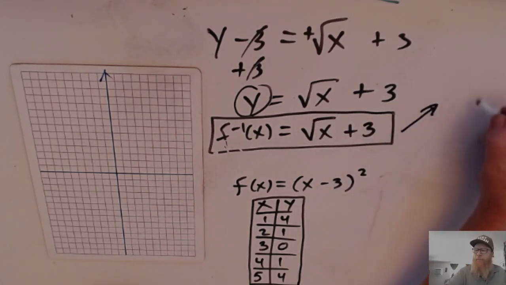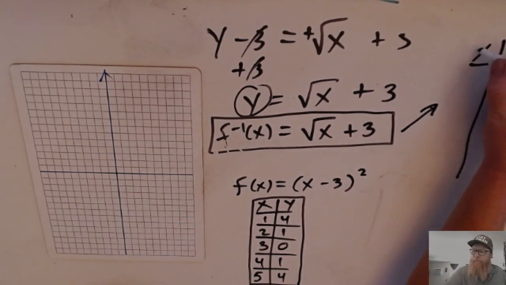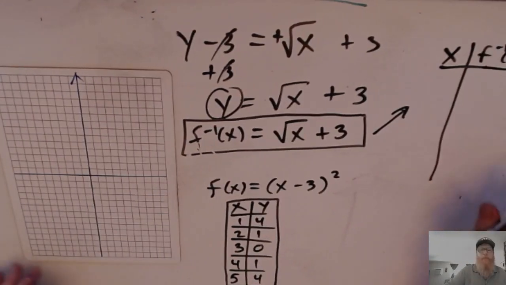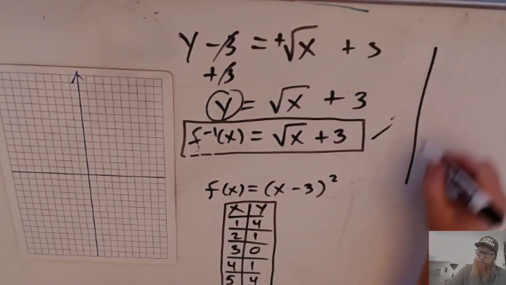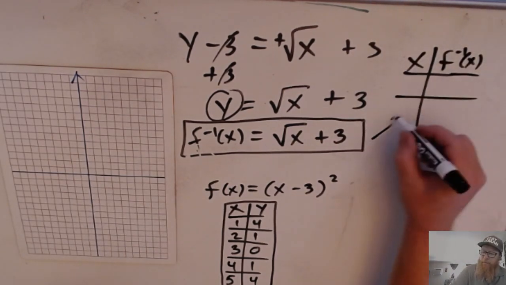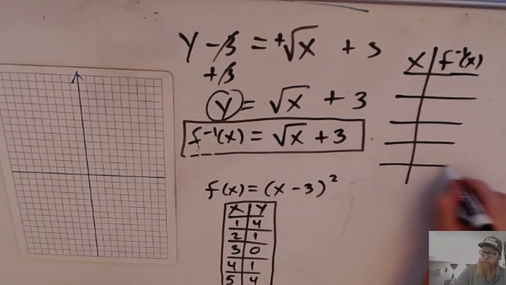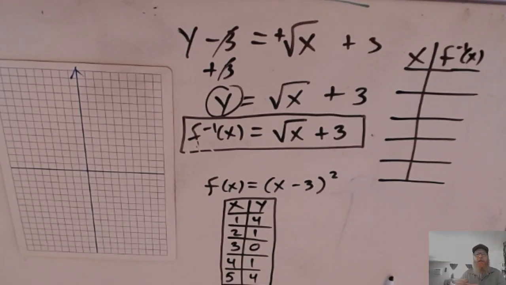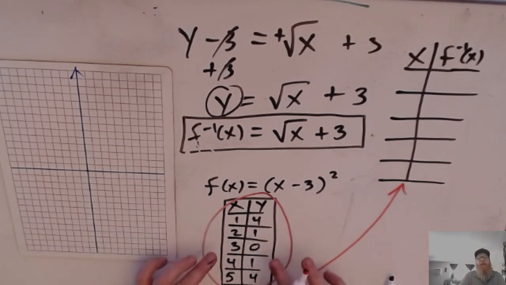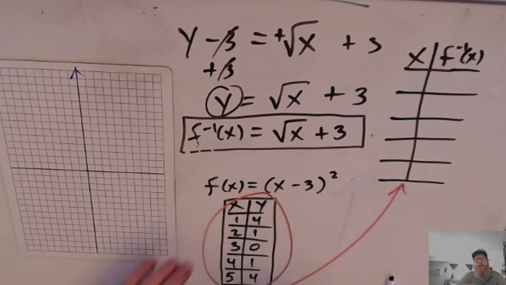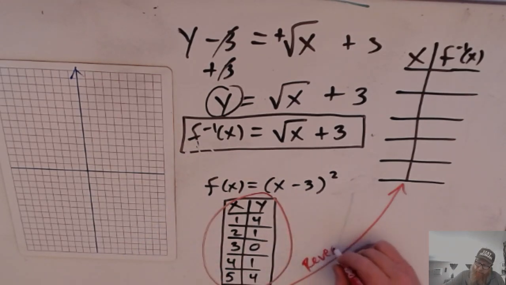And its table is very simple. You just take your mother function table here, f of x, and then you reverse the x's and y's.